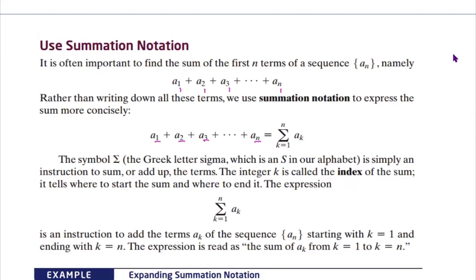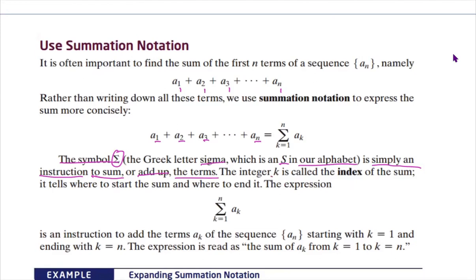That's the only thing that varies for the terms, right? So because that's the only thing that varies, we use the symbol summation, the Greek letter sigma, which is an S in our alphabet. The sigma is simply an instruction to sum or add up the terms.